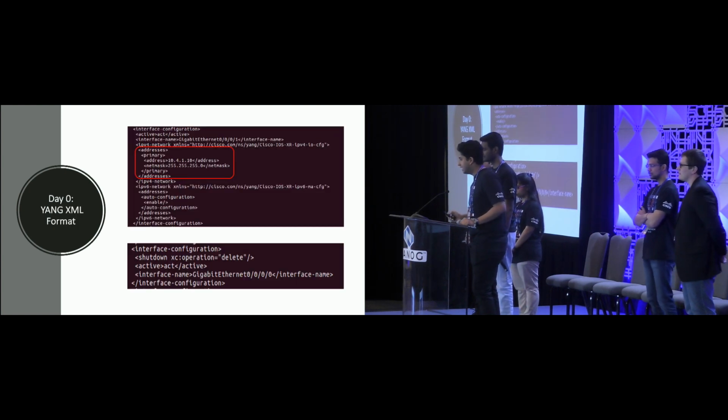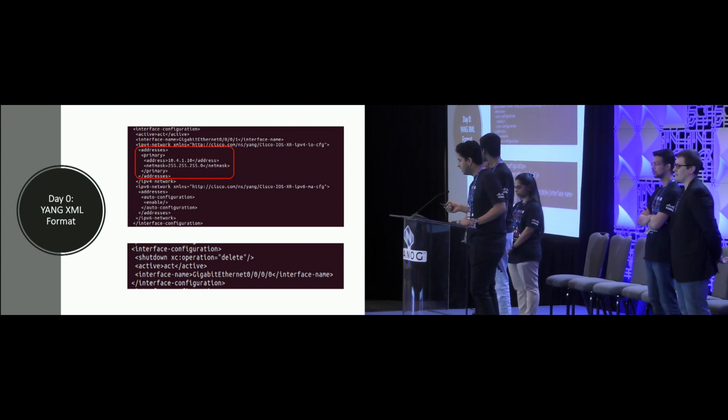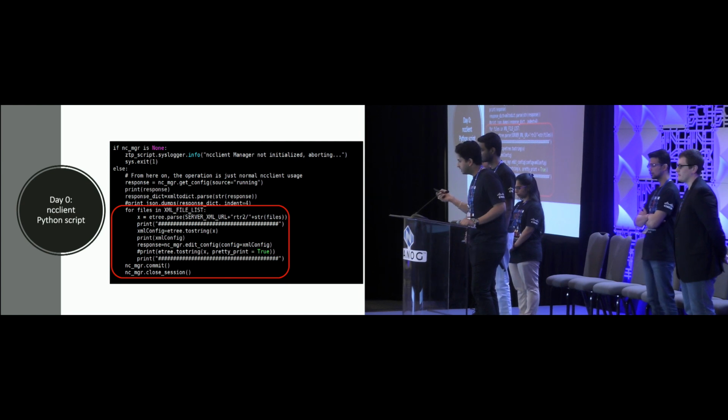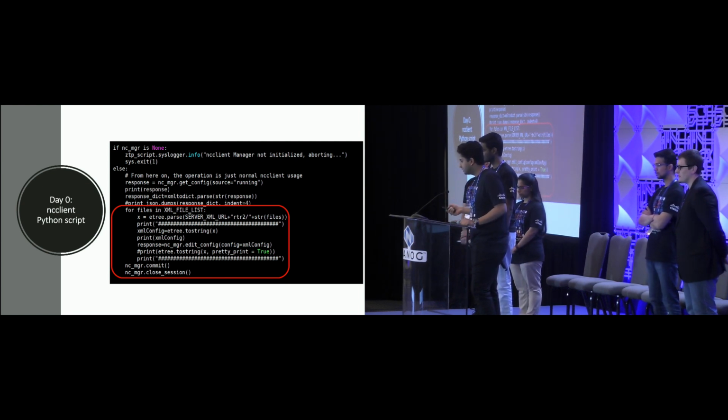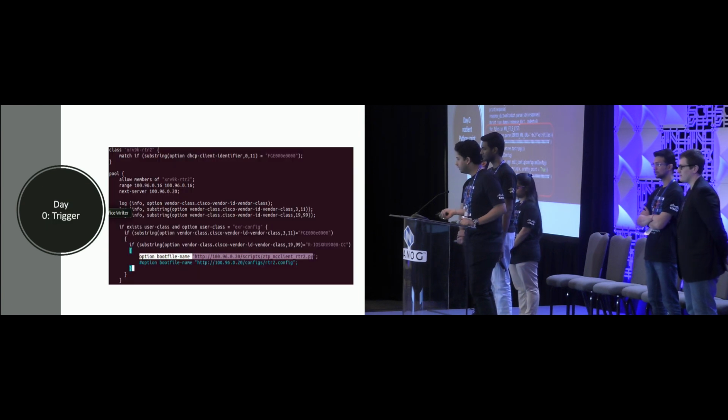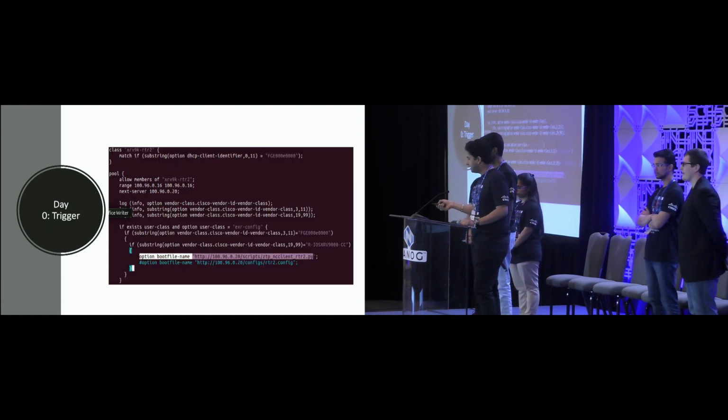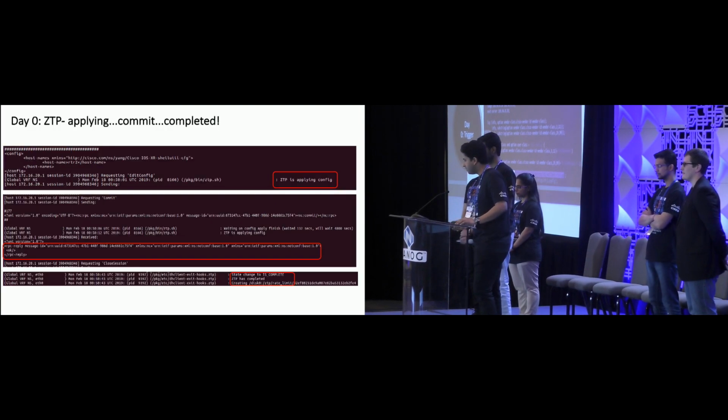So here you see the snapshot of the XML file that we created, which was given to the NC client model. Then this is the Python script we created. In a for loop, it would fetch all the files for different nodes in the router. And here you see the one line highlighted, the DHCP server pointing to the Python script for router 2 in this case.